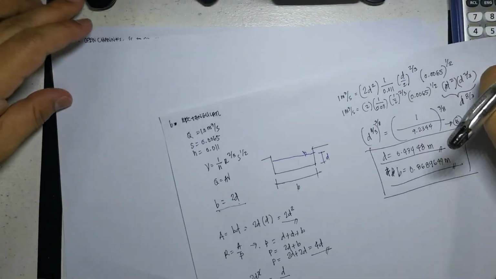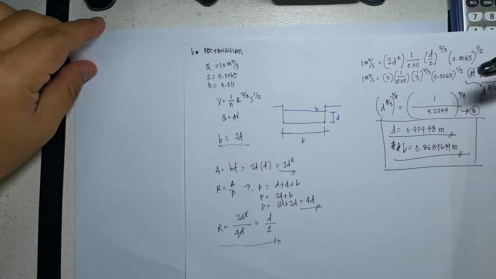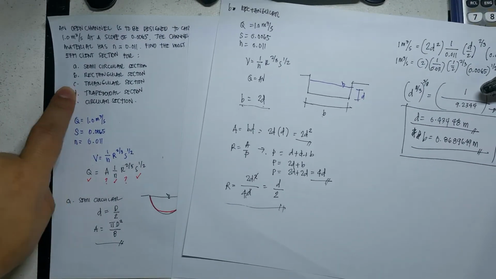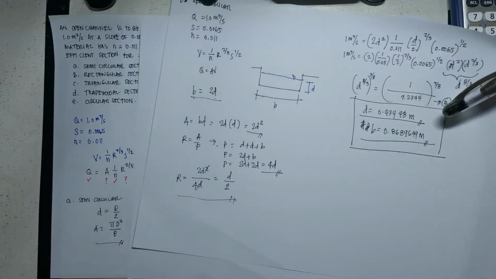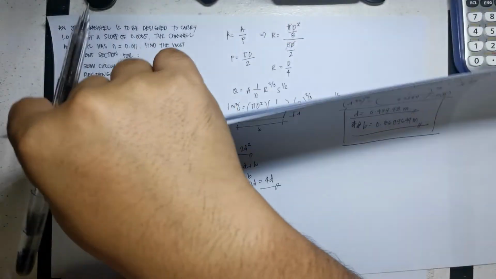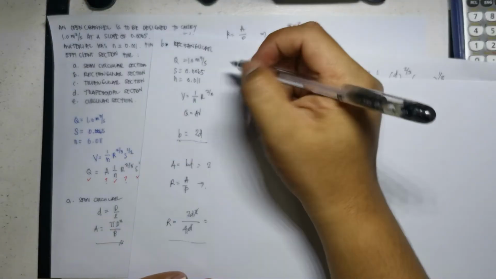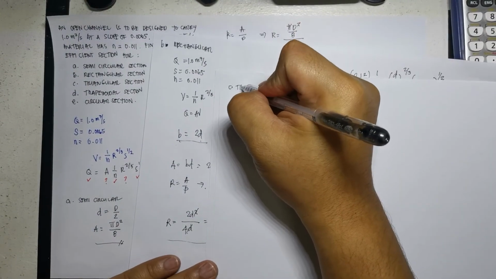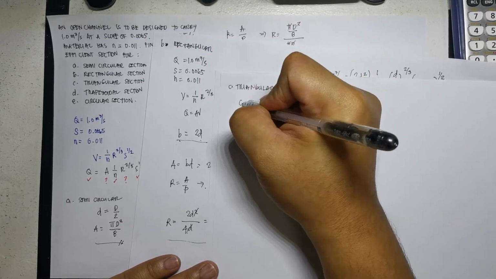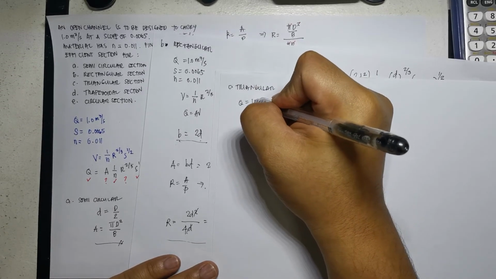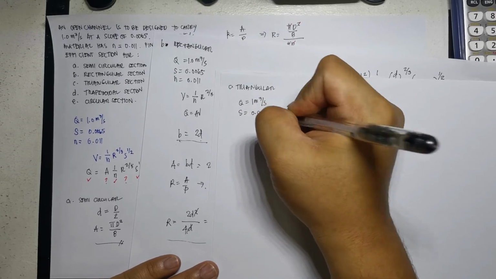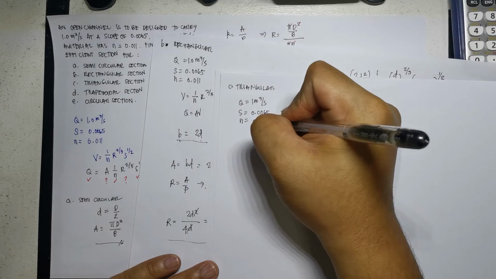Okay, try naman natin si C. Si C is triangular section. Triangular section daw. So ganun pa din. Copyin lang natin yung mga given. Q is equal to 1 cubic meter per second. S is 0.0065. N is equal to 0.011.